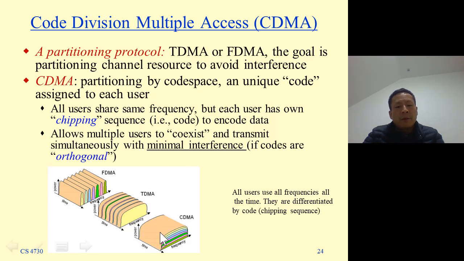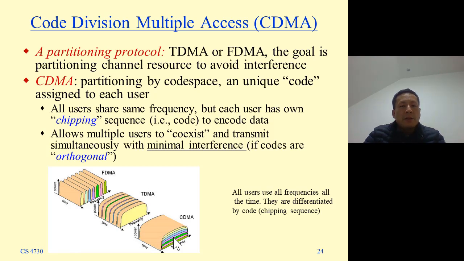Instead, we divide channel access by chipping sequence. Essentially, each host, each user, can use all the frequency and all the time. They are not messing up with each other. So you may be wondering how. It's kind of like magic.